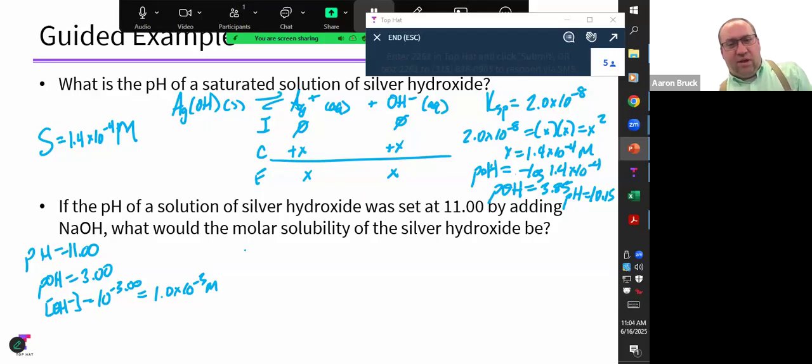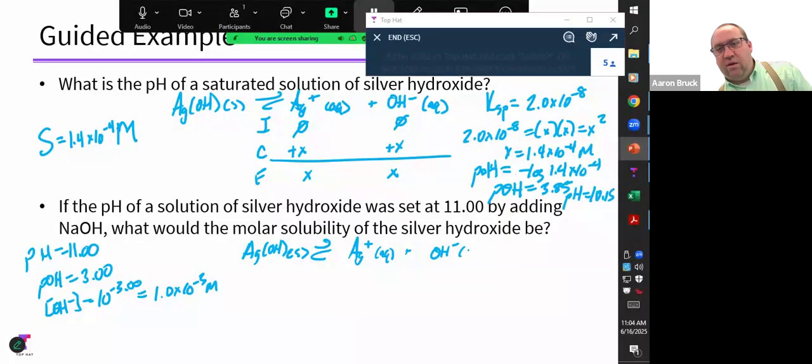Now we have the same equilibrium, but with slightly different conditions. This is a common ion effect, effectively. No silver, but now we have 0.0010 molar hydroxide.